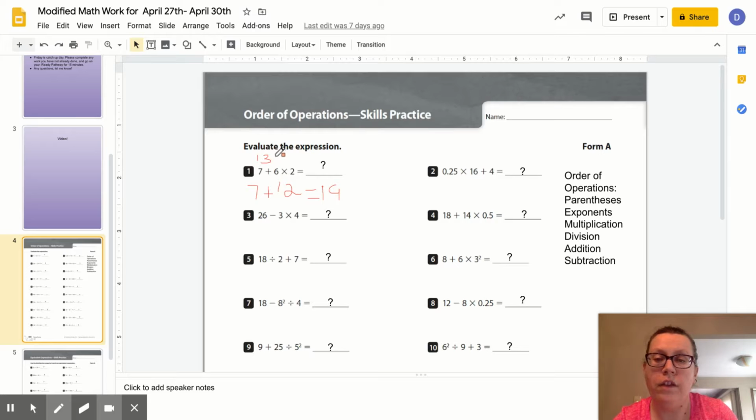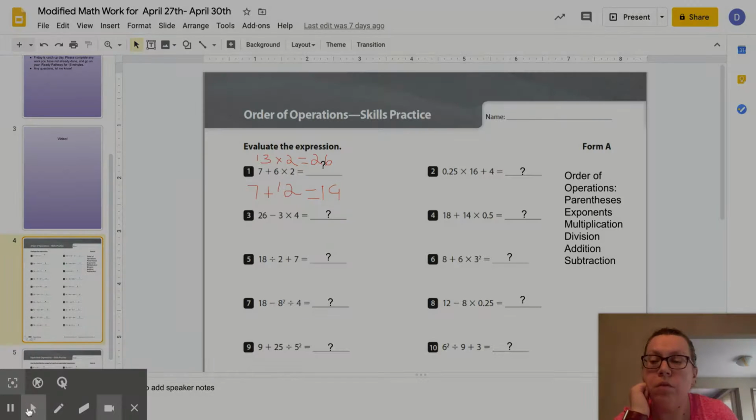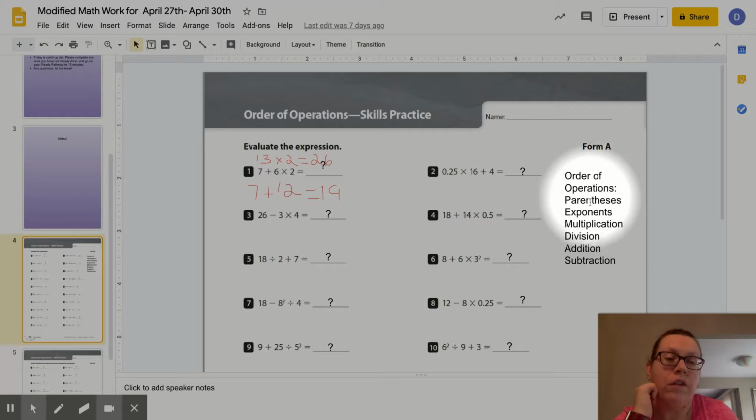And then if I did 13 times 2, that would give me 26, which is the wrong answer. And the reason why it's wrong is because we did not follow the order of operations list that is over here.